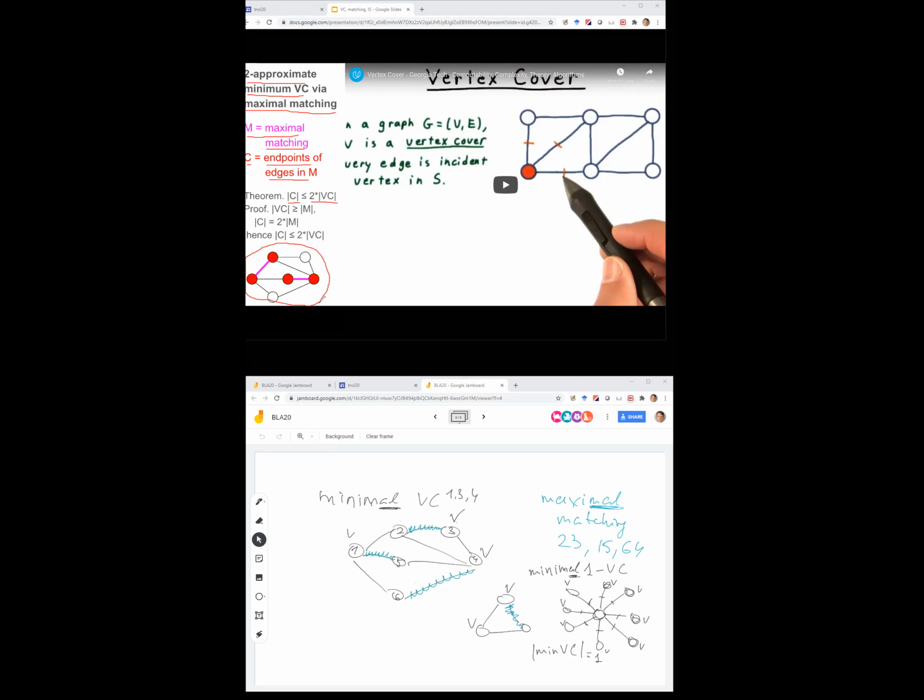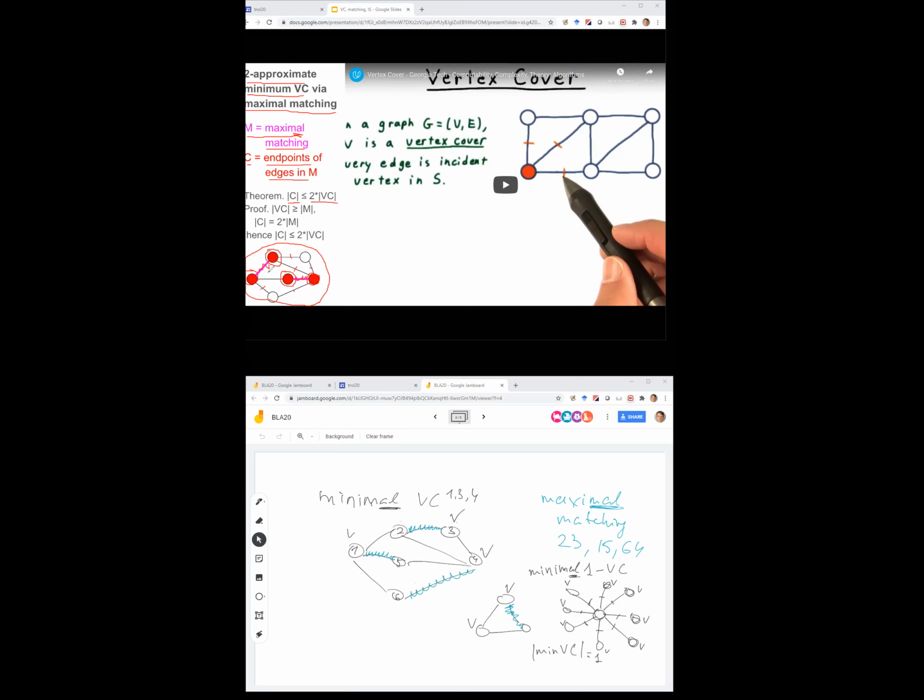So just look at this picture. These two purple edges, this and this, are a maximal matching. Well, you can check, you cannot add any of the edges without violating the matching property. So these two purple edges are a maximal matching, and according to the algorithm, you take the endpoints of these edges into your vertex cover.